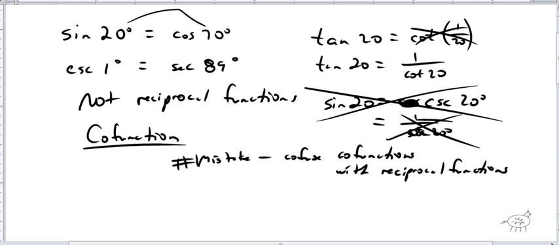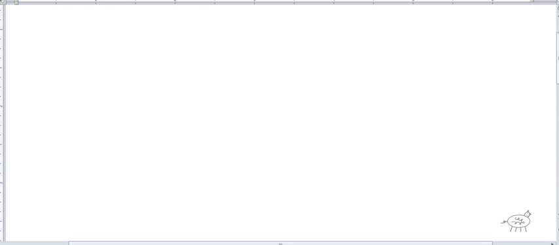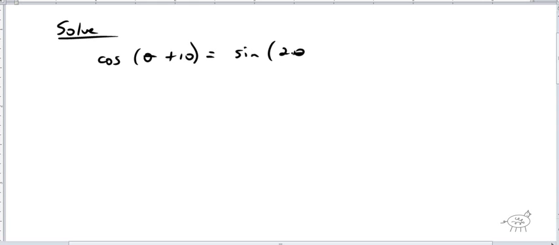So here, let me give you an equation to solve for. If I said solve cosine of theta plus 10 is equal to sine of 2 theta plus 20. Okay, so remember, those angles have to add up to 90, so theta plus 10 plus 2 theta plus 20 equals 90.